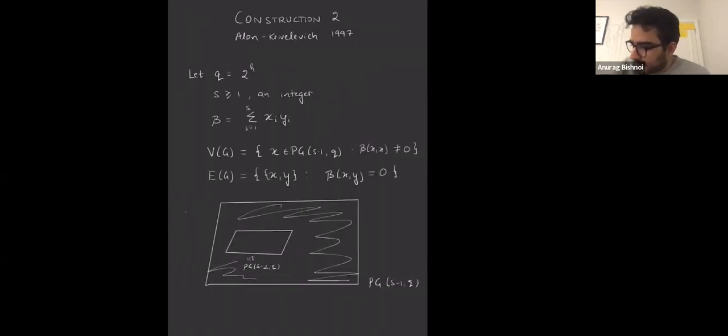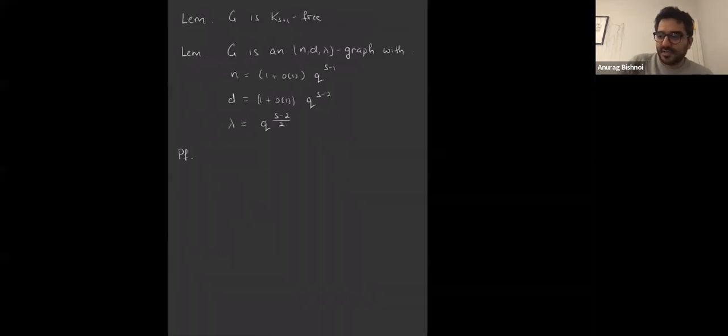It's the exact same proof. You just write down that if you have a bunch of non-isotropic vectors, which are pairwise orthogonal, then they must be linearly independent. And so you have an upper bound on the clique size based on the dimension. So this is the same proof as before.